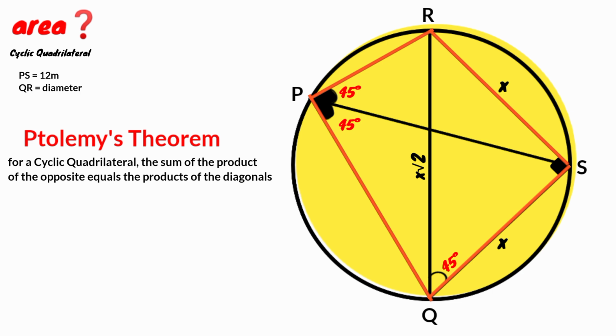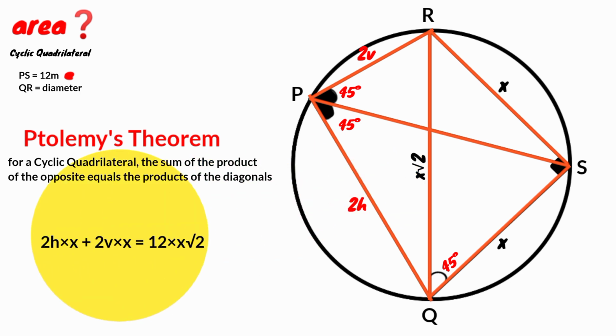That is, the summation of the product of this, say 2h, and this x, and the product of this, say 2v, and this x, must be equal to the product of this line PS, which is 12 meters in length, and this line QR, which is x root 2.